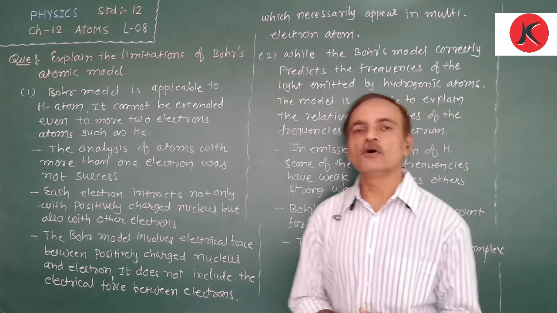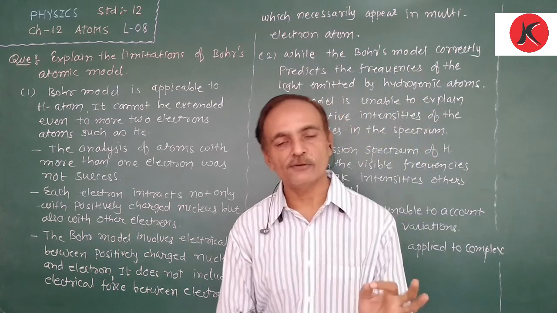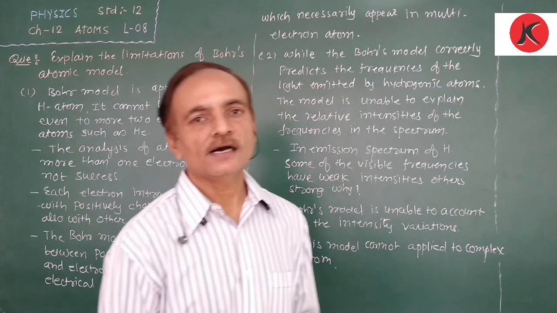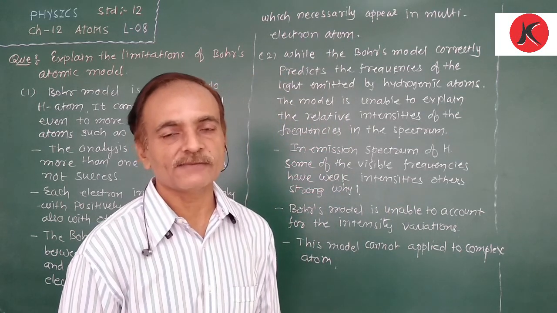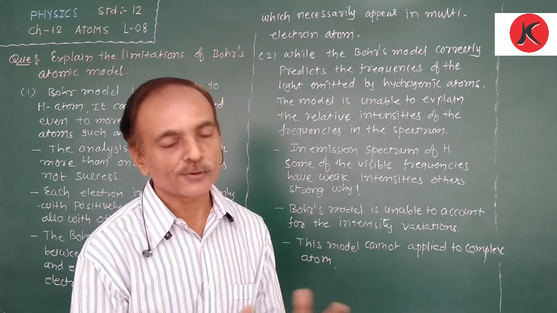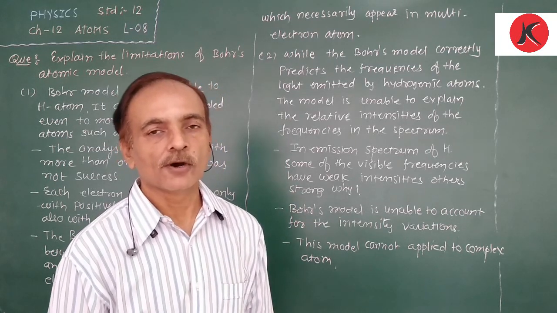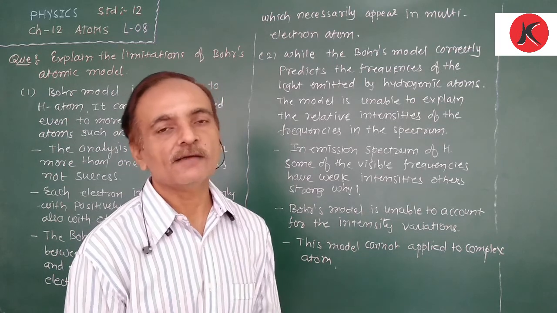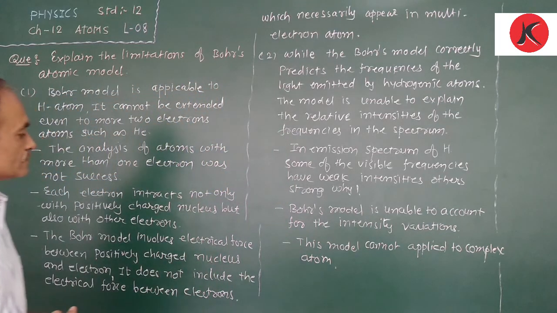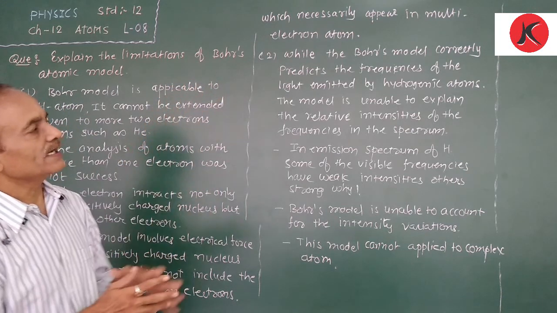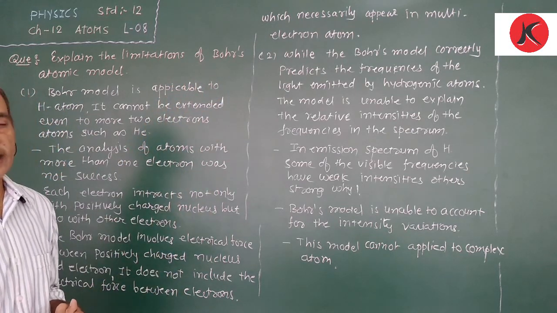That means Bohr's atomic model cannot include the electrical force between the electrons, the repulsion force, for an atom having more than one electron. This necessarily appears in a multi-electron atom.